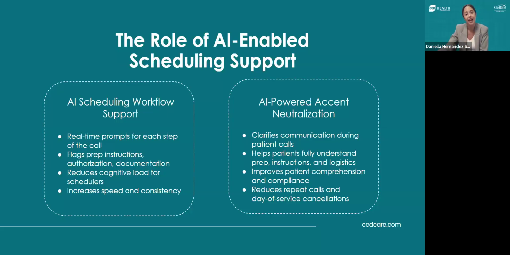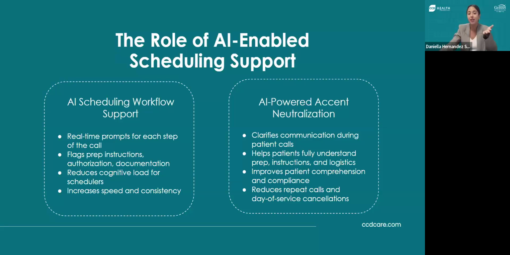help mitigate. And with AI, we can improve this process and help reduce the burden by acting as a real-time guide during the interaction. Instead of relying entirely on memory, schedulers can receive prompts that help them confirm the correct modality, verify any required documentation needed for that procedure, identify authorization requirements, and deliver accurate prep instructions.